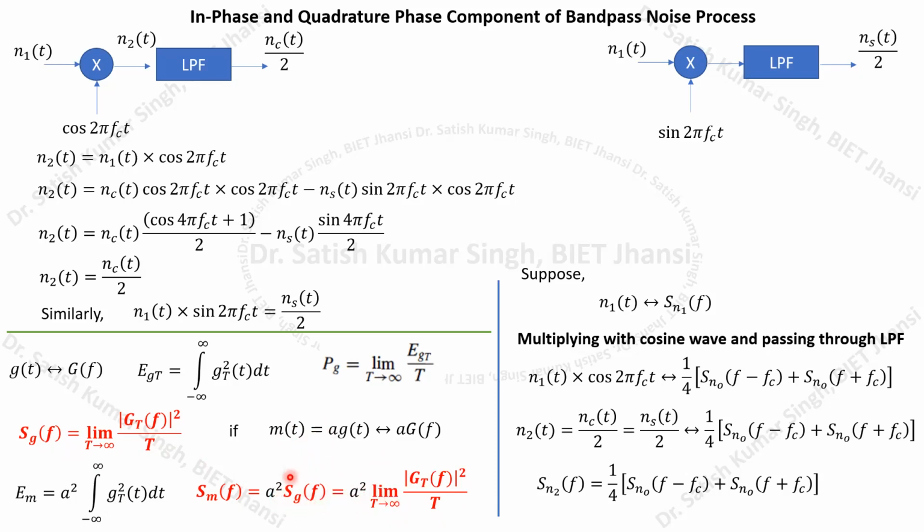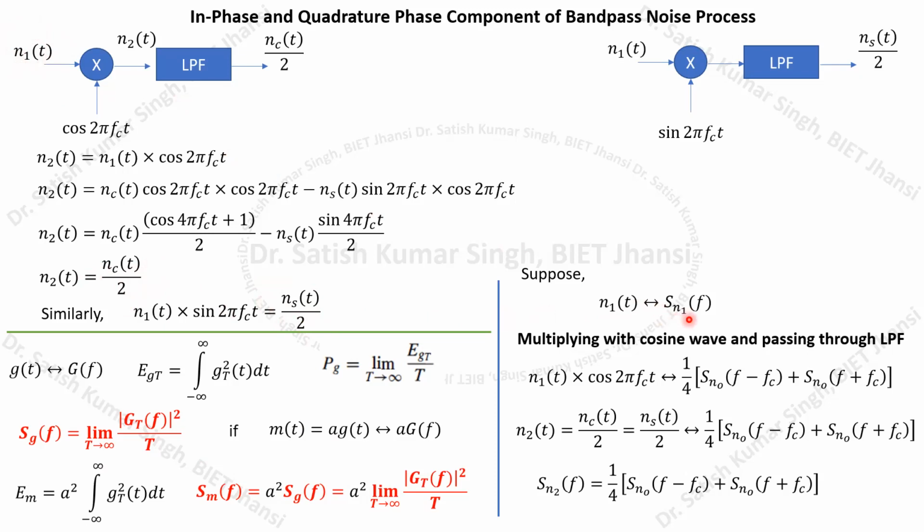Now try to understand, suppose we have the signal n(t), say n_c(t) cos or n_s(t) sin. Let us say that this n1(t) has its power spectral density as S_n1(f).